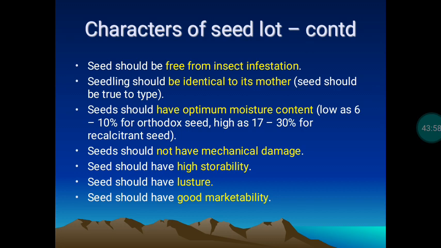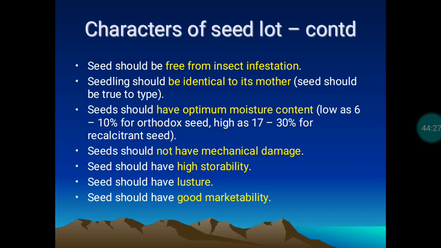Similarly, if it is genetically pure, all the plants will attain even flowering, even maturity, everything we can expect. For example, in paddy the flowering period is 8 to 12 days. Within 8 to 12 days, whatever number of plants are available in your field, everything will come to flowering. Suppose it is a mixture, there is prolonged flowering.